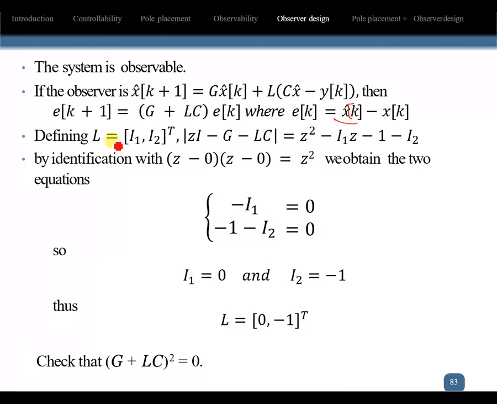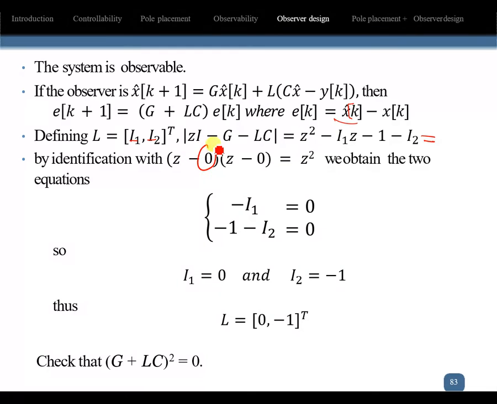L transpose is L1 and L2. You can find zI minus (J + LC) by expanding the determinant.